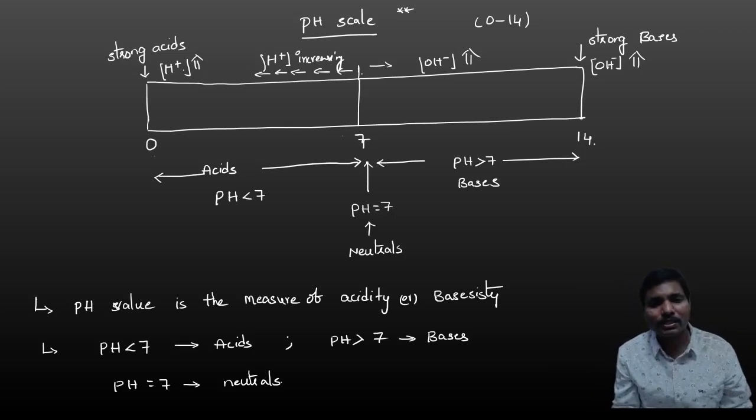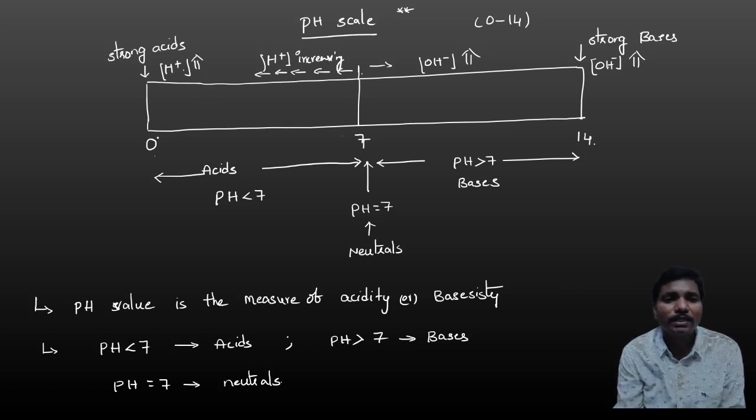So how can we say whether any solution is a strong acid, strong base, weak acid or weak base? If the pH of a solution is near to 0, that is 1, 2, 3, up to 3, we can say it is a strong acid.